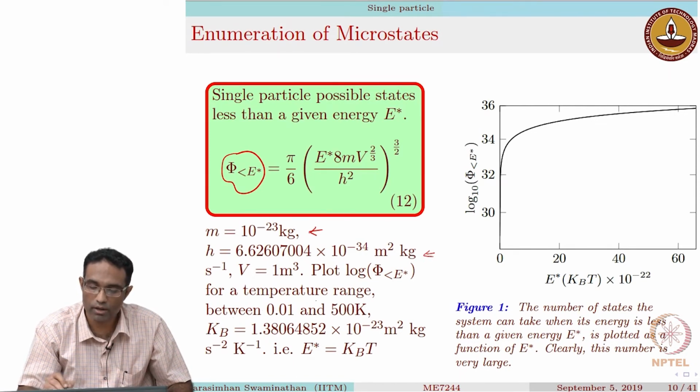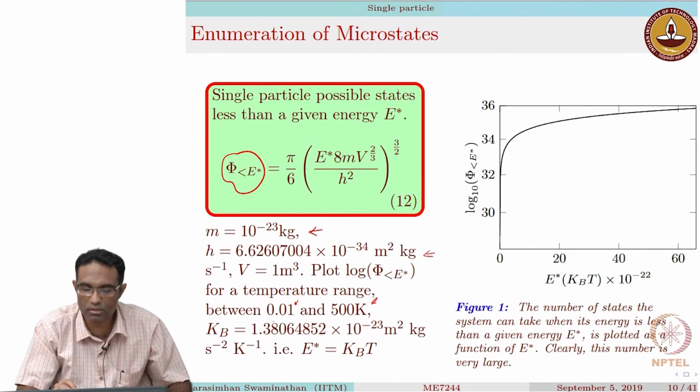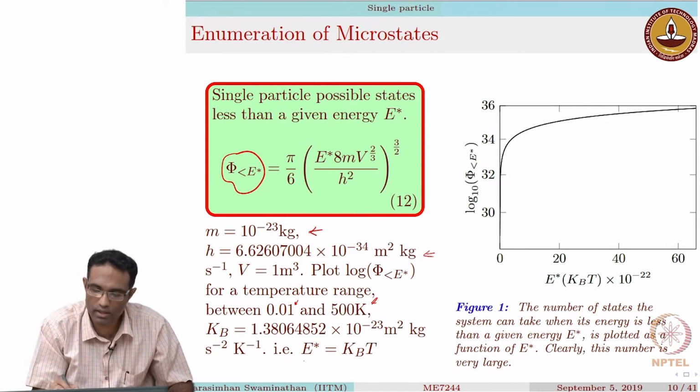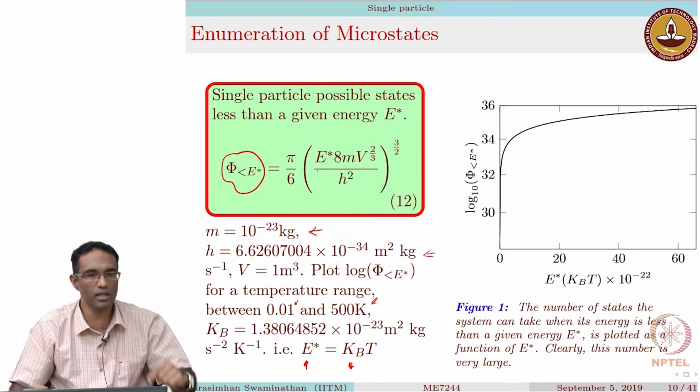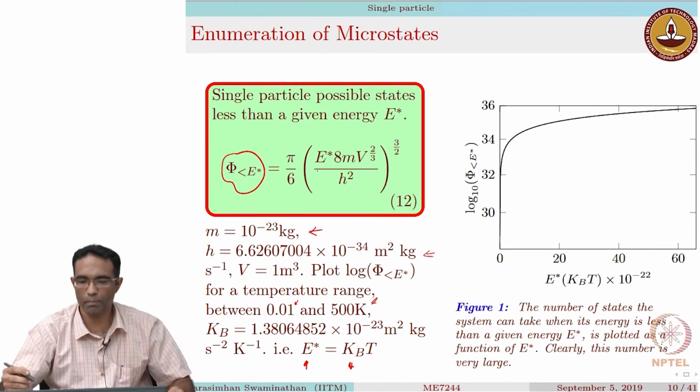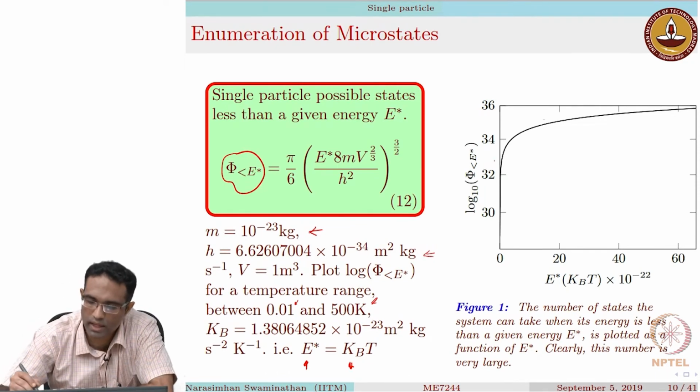Okay, and for a temperature range between 0.01 and 500 Kelvin, taking E to be say kBT, with T in that range, if I take E star to be kBT and substitute it in this expression and calculate phi less than E star for every single case, and I plot it, I get this curve on the right hand side.